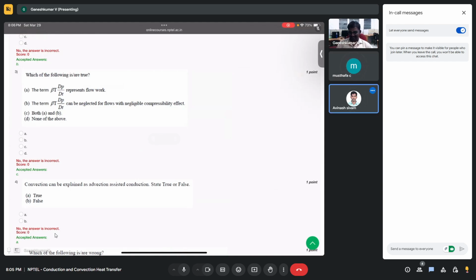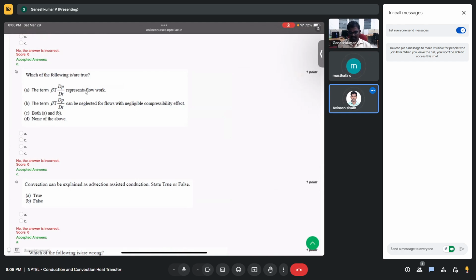So you are right, based on my comments. But what did I say? The flow work is PDV, and I'm going to repeat the same thing again. Dp by dt in itself contains the flow work. Here they didn't clearly say that flow work is equal to beta T dp by dt. So dp by dt is some form of representation of flow work, but not exactly equal to flow work.